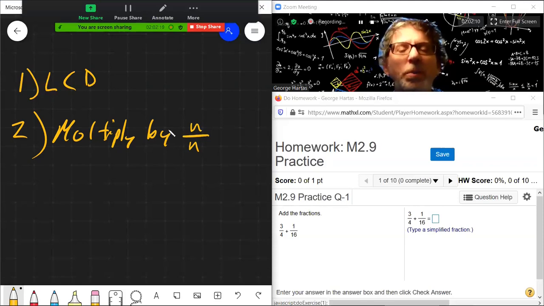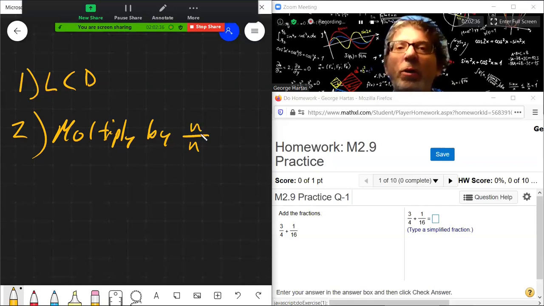I'll explain this as we get into these questions, but we need to multiply the denominator by some number to give us the LCD, okay? And whatever that number is in the denominator, we also have to multiply the numerator by that number to keep the ratio of the fraction the same.